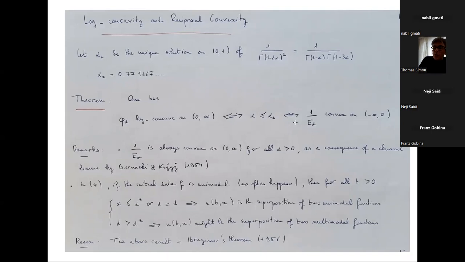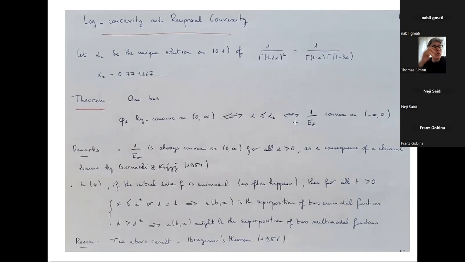So we have seen that the density of the Mittag-Leffler random variable is always unimodal. When alpha is smaller than 1/2, it is decreasing, and when alpha is greater than 1/2, it is increasing, then decreasing. This is not absolutely trivial to prove.